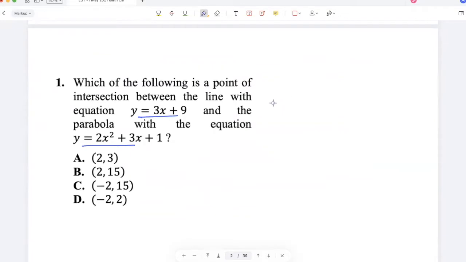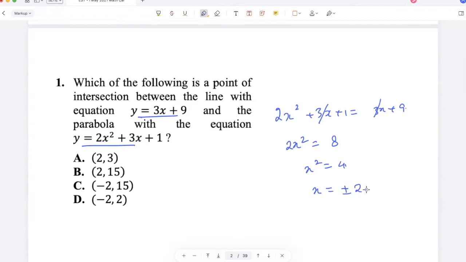So we'll just equate the two: 2x squared plus 3x plus 1 should be 3x plus 9. So 3x and 3x cancel. 2x squared is 8, so x squared is 4. So x is plus or minus 2.